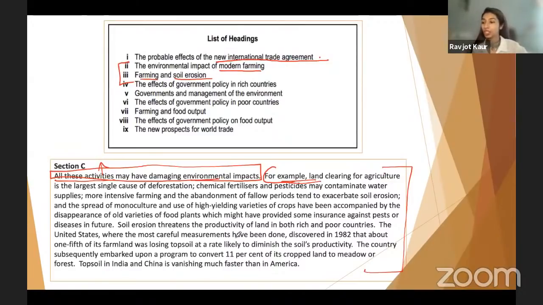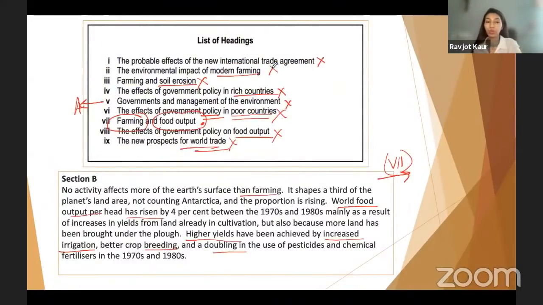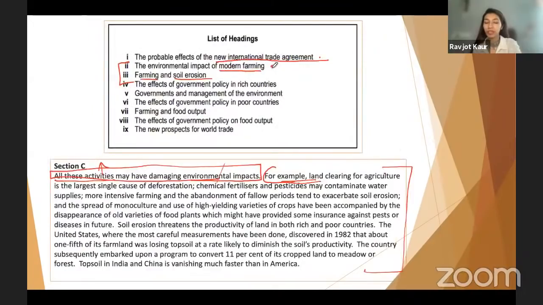So the answer to this will be yes, Vishakha. It's damaging the environmental impact. So the environmental impact of modern farming. What activities they're doing is mentioned in the B paragraph. We read that. Okay, so for this one, the answer would be third.